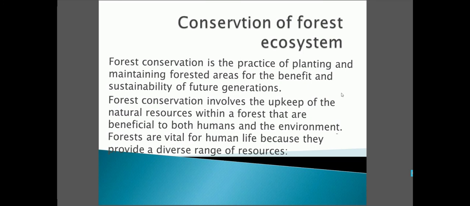You need to perform this forest conservation strategy on a sustainable basis, on a long-term basis, and in a passive mode, not in active mode.